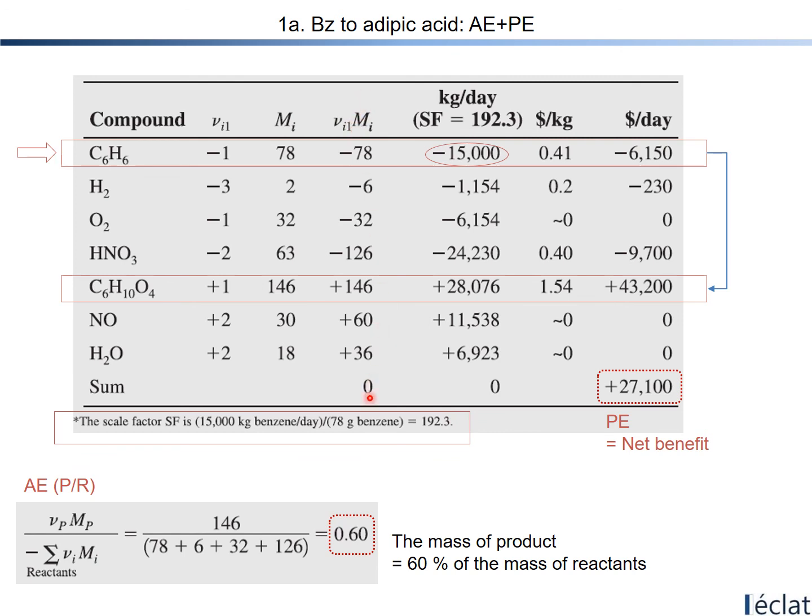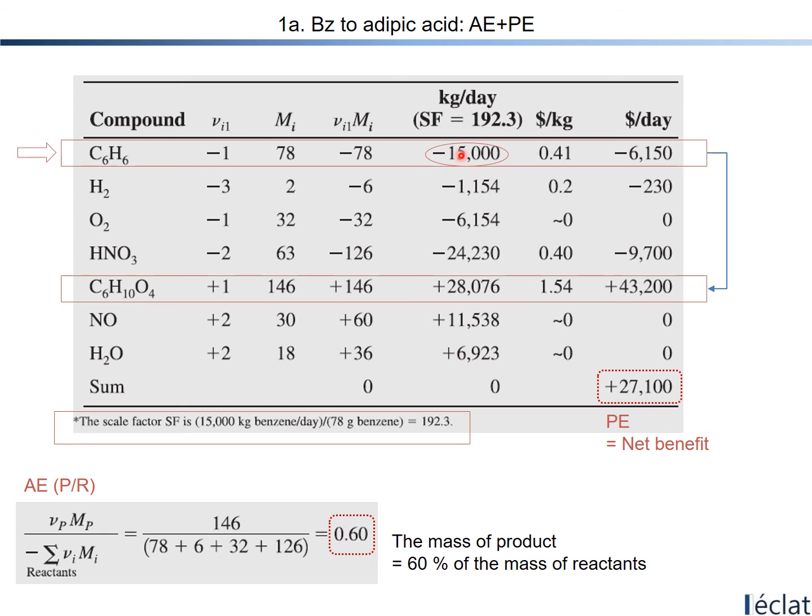At this column we are thinking about the chemical reaction equation level. However, by multiplying the scaling factor, then we are thinking about the amount in the level of the basis.